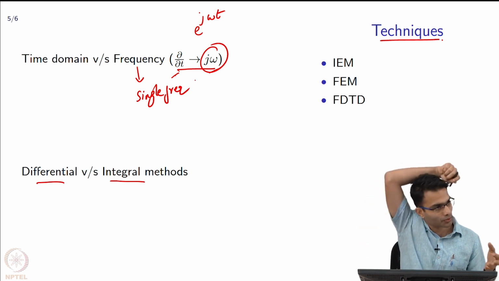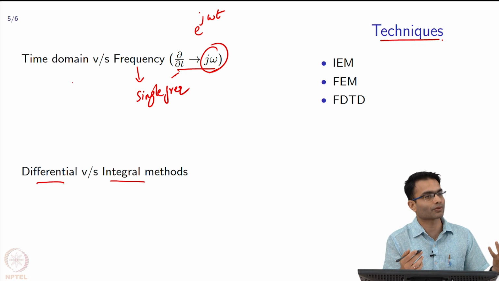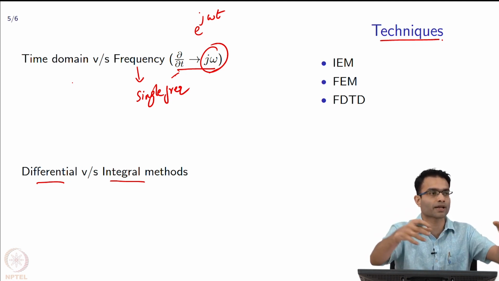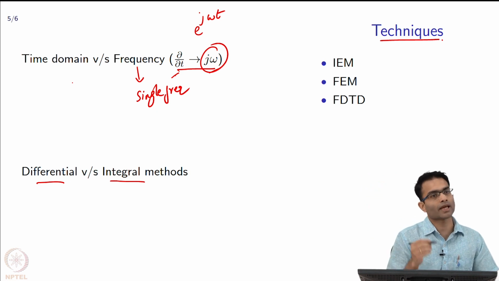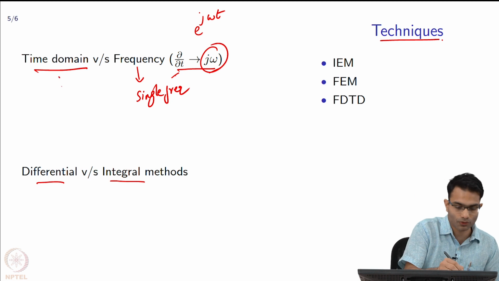That's like holding your nose this way. So time domain methods would be better for that. Let's say a circuit simulation, you turn a signal on and you want to see how the wave spreads. There we will work directly in the time domain. So this is, for example, transient responses.